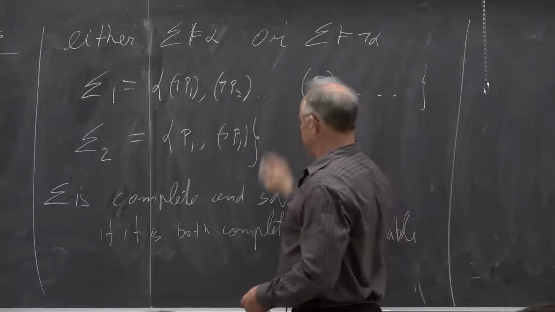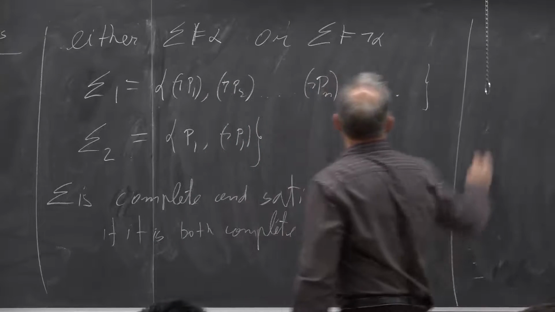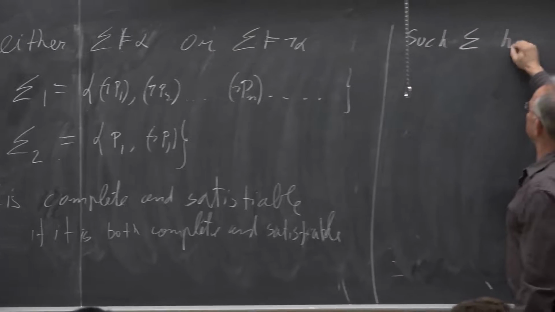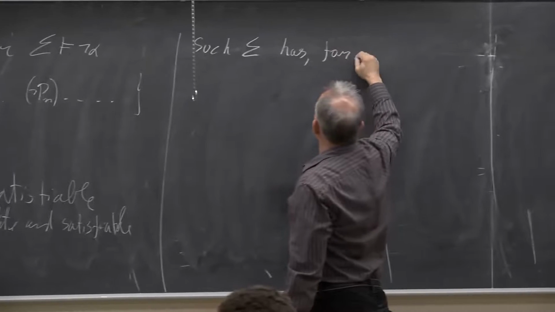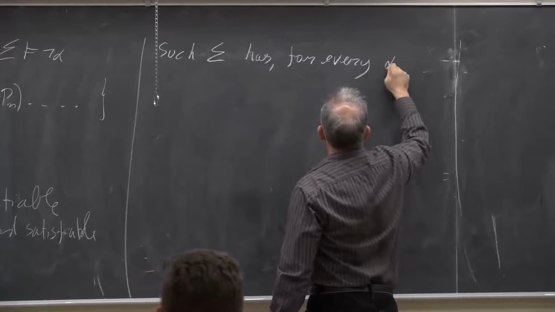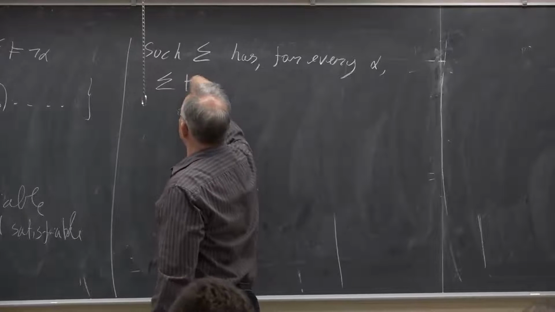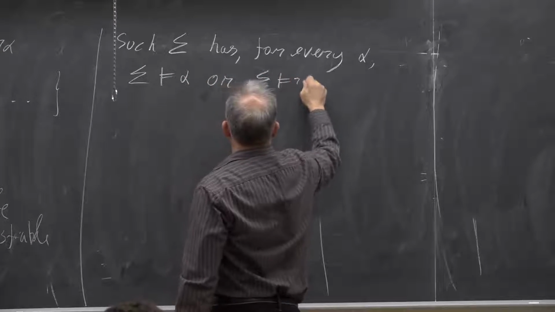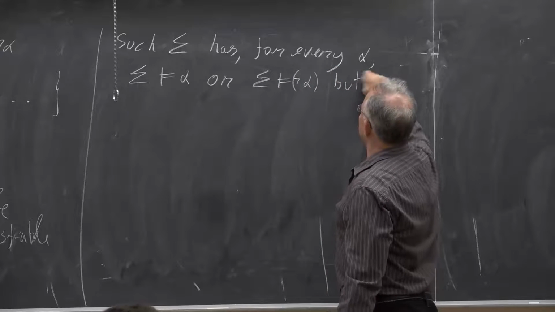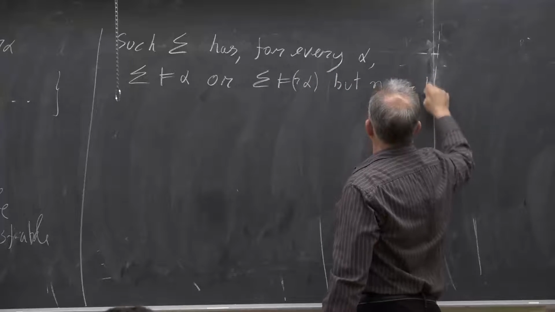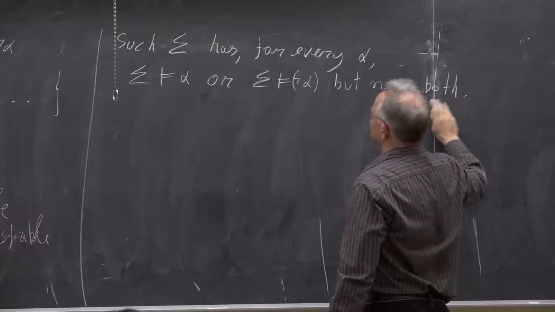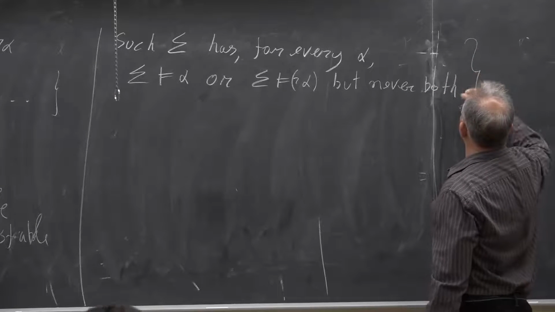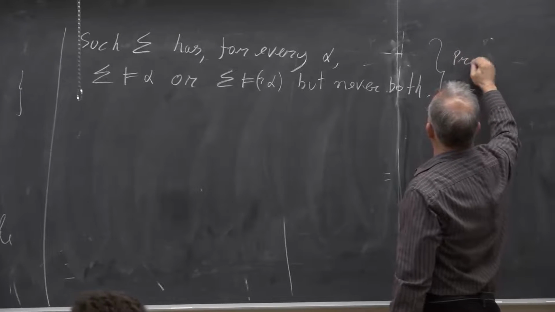So such sigma has, for every alpha, sigma logically implies alpha, or sigma logically implies not alpha, but never both. And this is an exercise for you. Prove it.